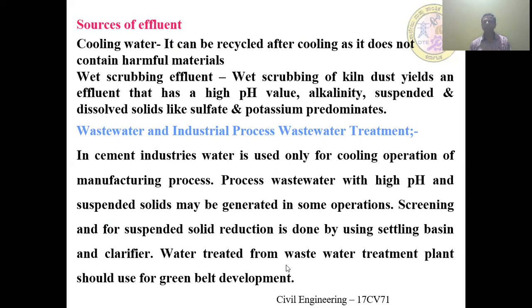The water treated from the wastewater treatment plant can be used for green belt development. Here only physical and chemical processes are involved in wastewater treatment, where the pH has to be neutralized by adding acid or a base. Second, by means of screening we remove suspended solids, and we go for a sedimentation tank where we can remove inorganic substances or settleable particles, which can be removed by clarifiers.